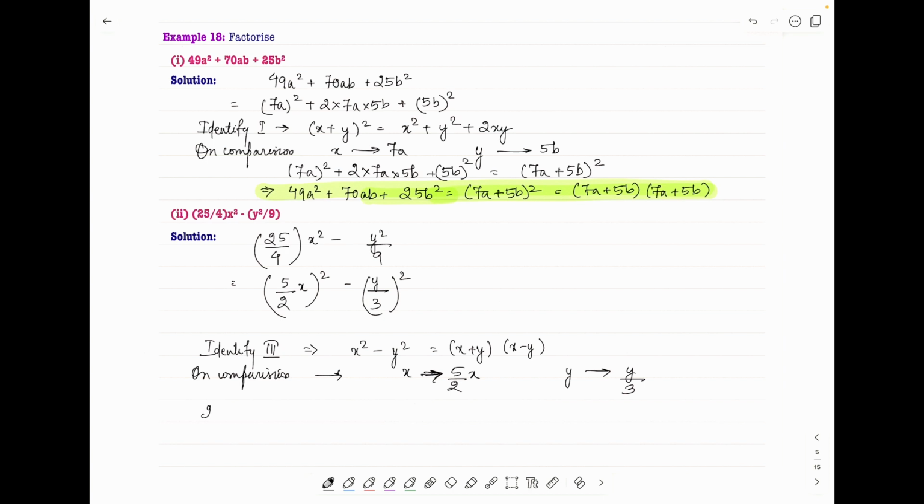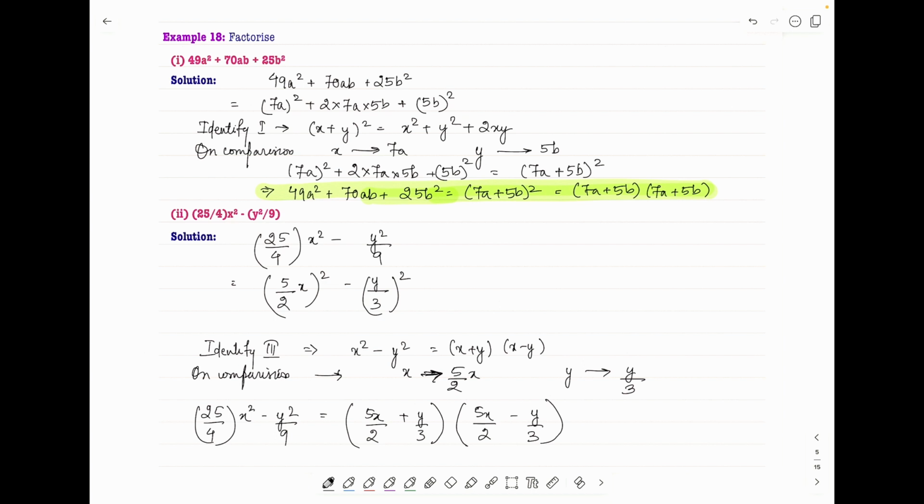So 25 by 4 x square minus y square by 9 can be written as x plus y, that is 5x by 2 plus y by 3, into x minus y, that is 5x by 2 minus y by 3.